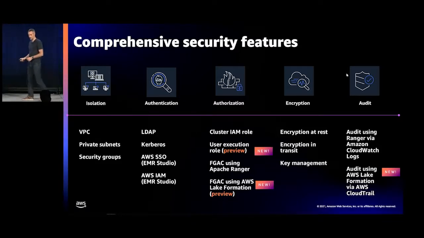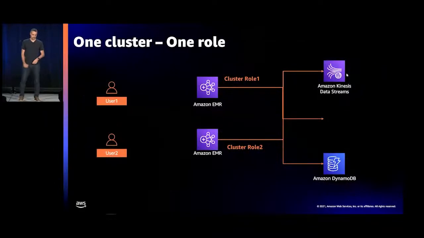And for the audit, if you are using Ranger for fine-grained access control, you have these audit capabilities. But now, because we are also integrated with Lake Formation, you can use CloudTrail and Lake Formation audit capabilities.